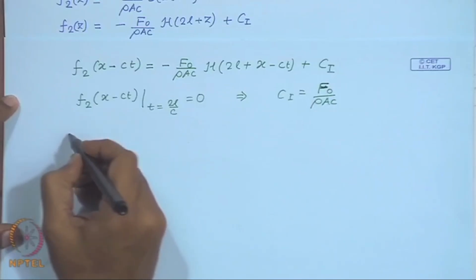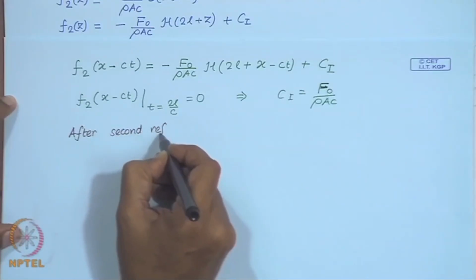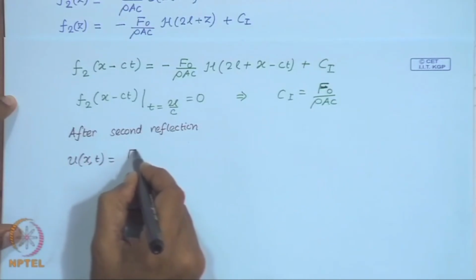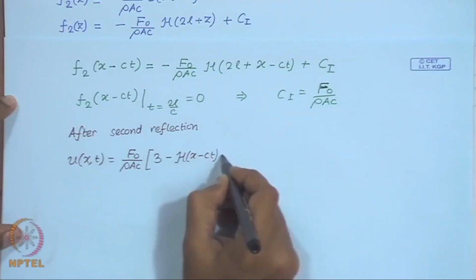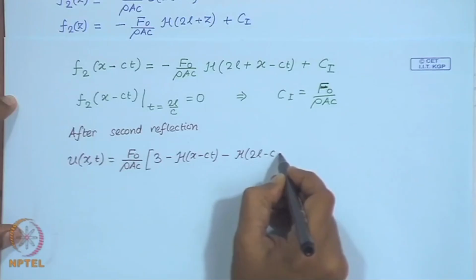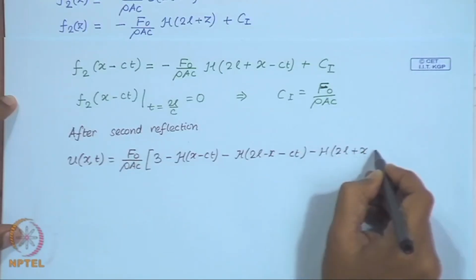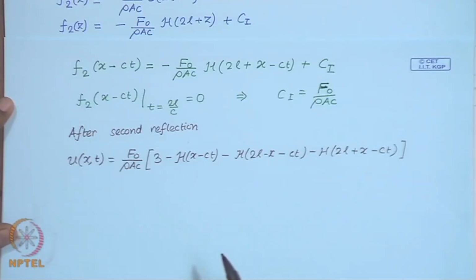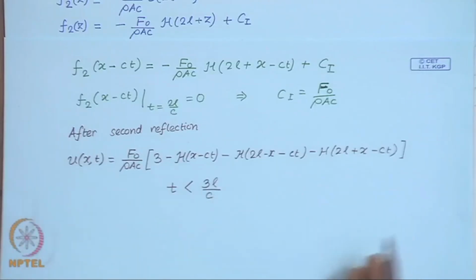So, therefore, after the second reflection, now this is a solution which is valid till this wave reaches again the right boundary.